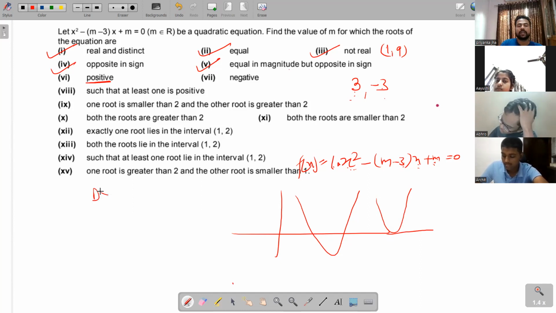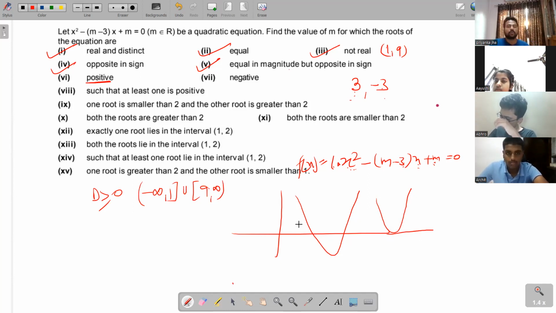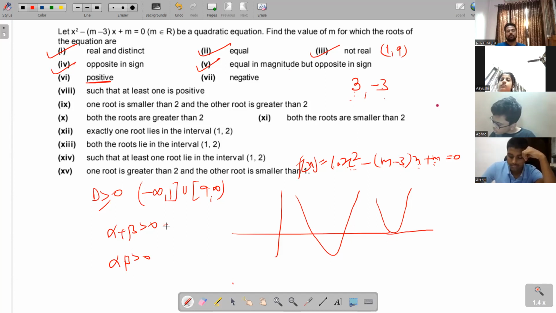So the discriminant has to be greater than or equal to 0. So m will lie between minus infinity to 1, closing 1, and then 9 to infinity. Now, one more thing: roots have to be positive. What is the condition for both roots to be positive? The sum of the roots has to be positive, and the product of the roots has to be positive. From the sum of the roots, minus b by a, that is minus m minus 3, is positive.